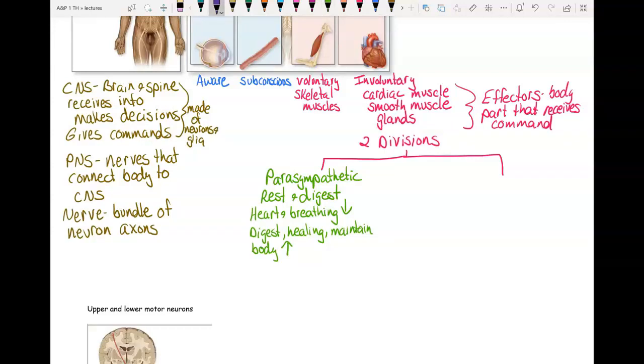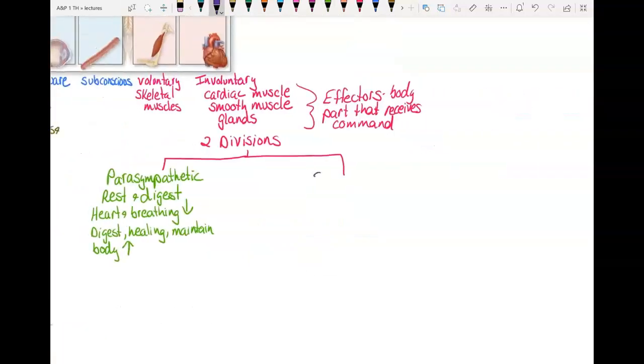Then at the other end, we have sympathetic. Sympathetic is your fight or flight. There's what's called the 3 E's of sympathetic. These are the 3 things that will cause you to be in sympathetic.